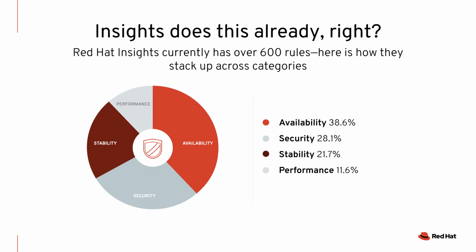While security is a component of what Insights checks for, Red Hat Insights covers issues across availability, security, stability, and performance.